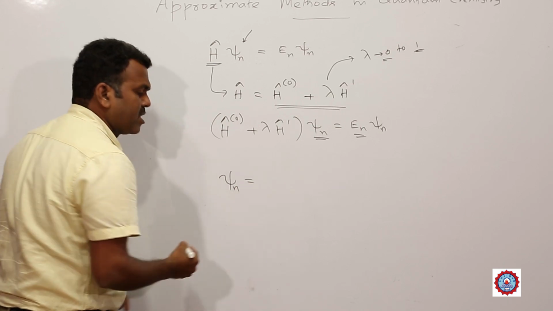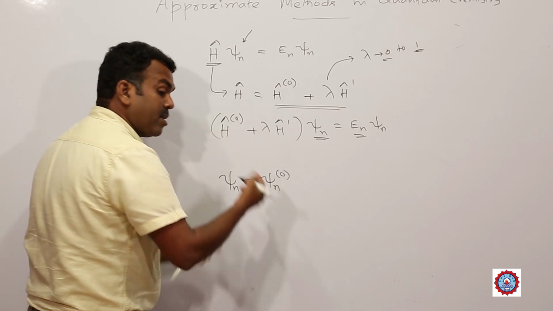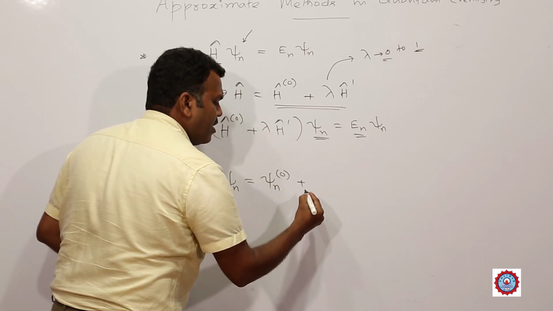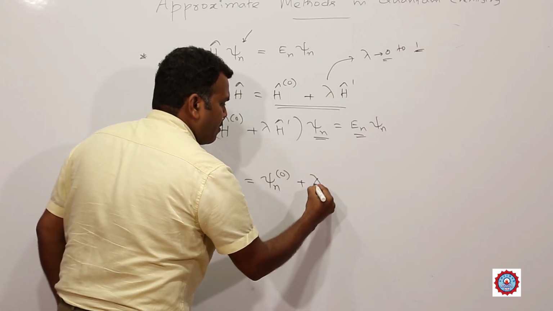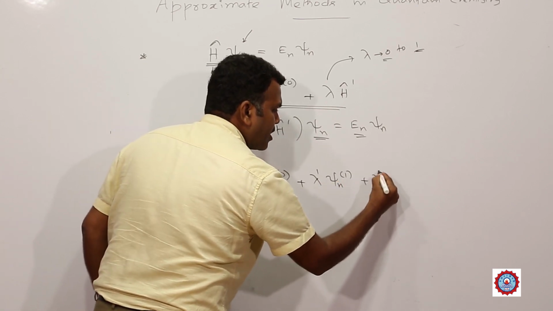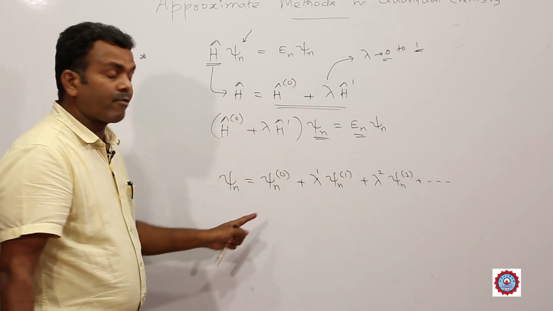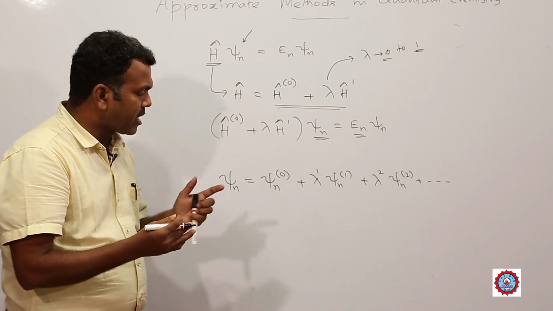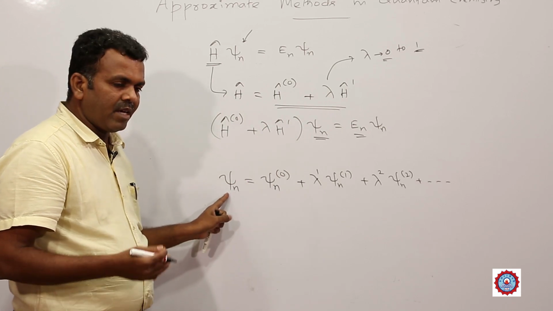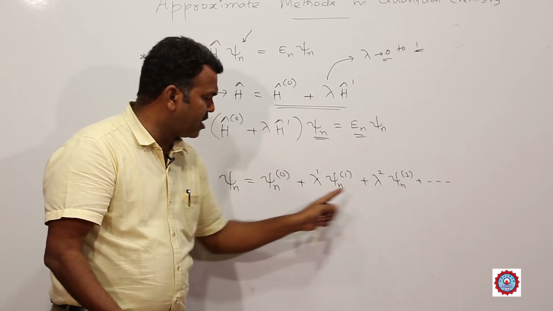The wave function for the nth state can be given as the wave function for the nth state in the unperturbed system, called known system, plus some correction terms. What are the correction terms? Lambda power 1 into psi n power 1 plus lambda square into psi n power 2 plus etc. This is what we call Taylor series. So, using Taylor series, we can write the wave function for the nth state in the perturbed system as the sum of these correction terms.